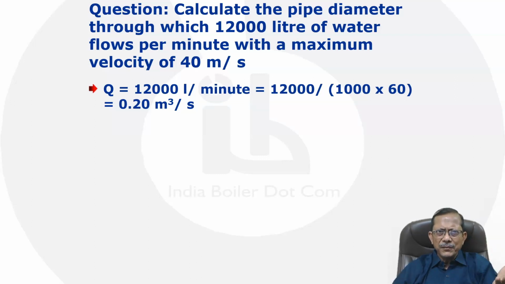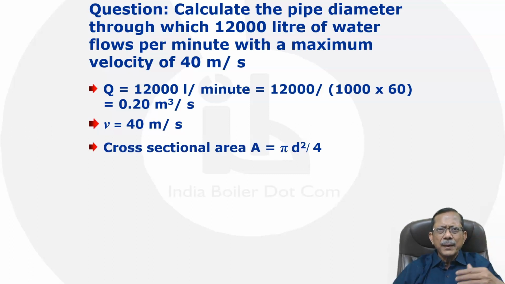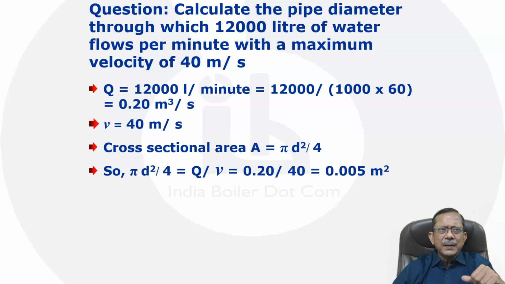Now I know the velocity, which is 40 meter per second. So I am going to equate the area, because in this case the area, if I need to find it out, will be volumetric flow by the velocity. So area will be pi d squared by 4 in case of a cylindrical cross section, because I want to find out the diameter, right? So I am equating pi d squared by 4 is equal to Q by V, 0.2 by 40, which is given, right?